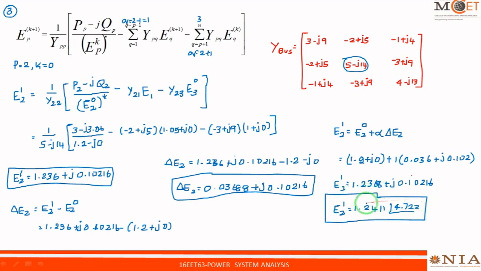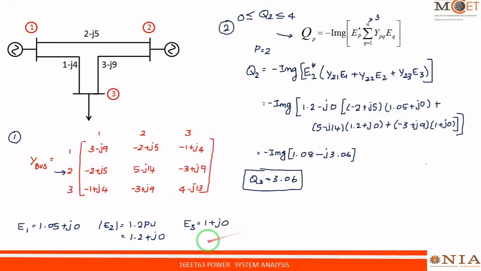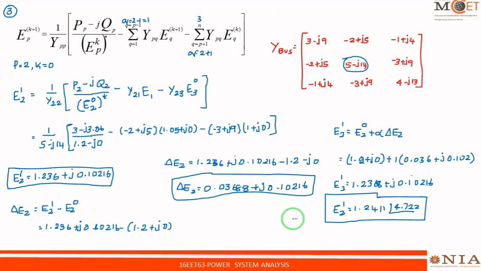One point is very important to remember here. Since it is a PV bus, this magnitude will not change, which means it will always be 1.2 only. Only the angle will change. So I can rewrite my E21 as 1.2 with the angle now 4.722.